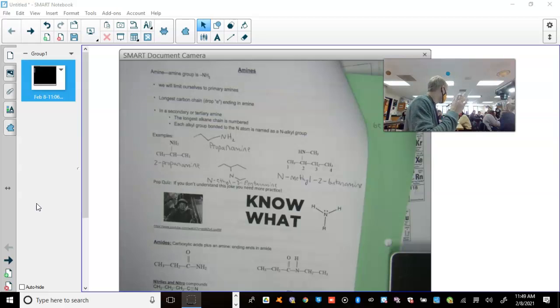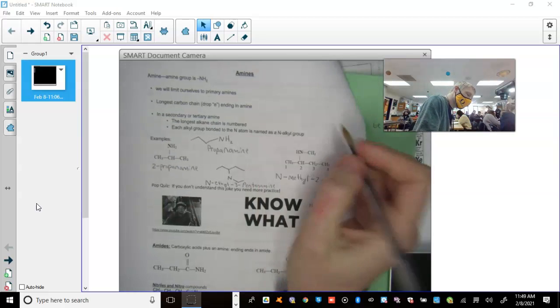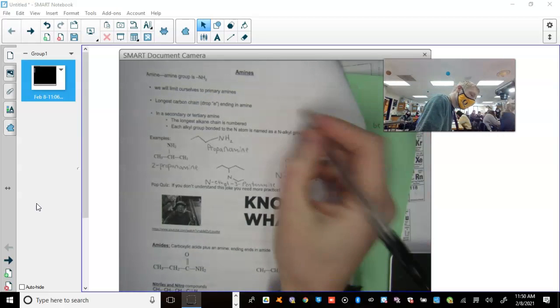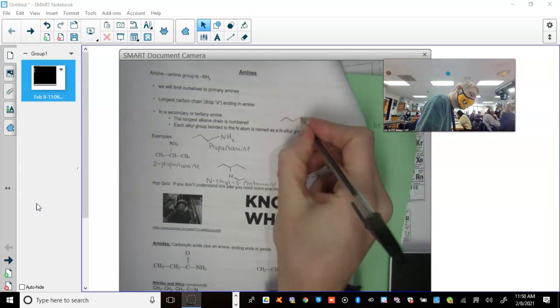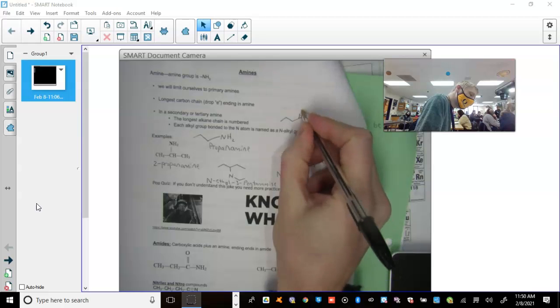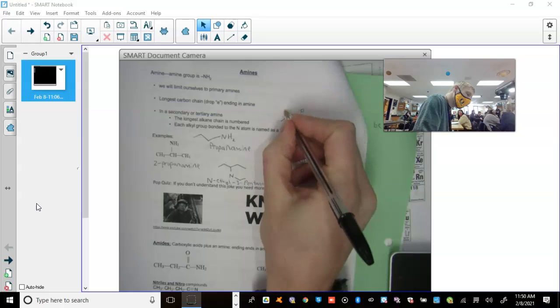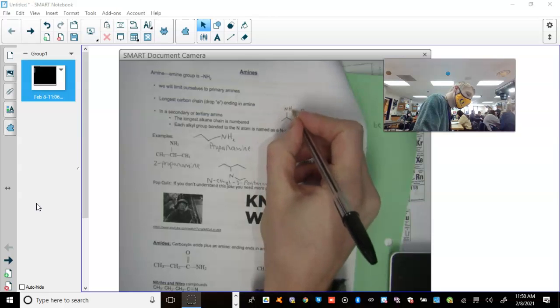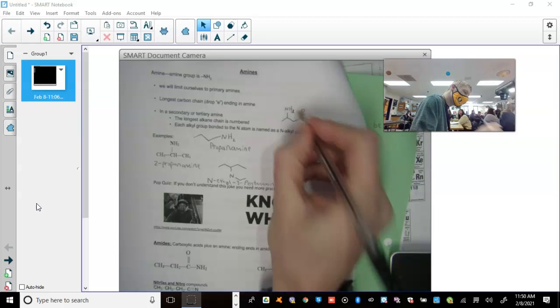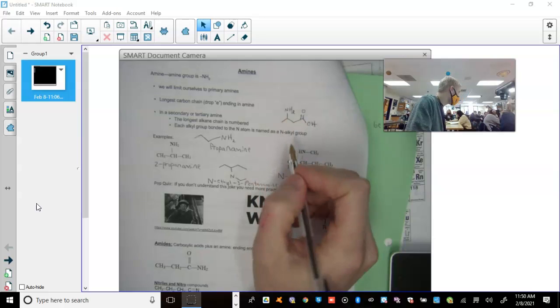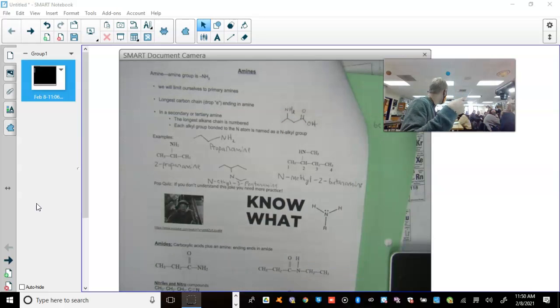Hey, why don't we name a basic amino acid using IUPAC naming? Most amino acids have a common name, but let's do the IUPAC. There's the carboxylic acid, and why don't we do NH2. 1, 2, 3, 4, so that's that smelly one, butanoic acid.